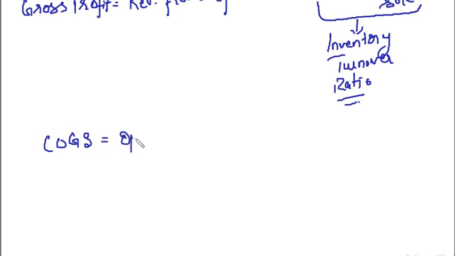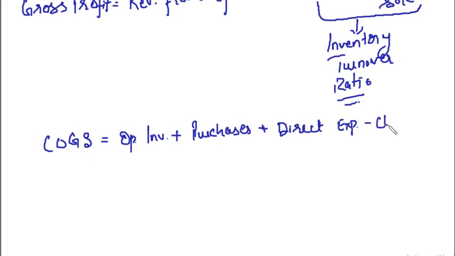It is opening inventory plus, if there are any purchases, plus, if there are any direct expenses, right? Subtract closing stock. Clear? So, opening inventory plus purchases plus if there are any direct expenses minus closing stock. This is your cost of goods sold.